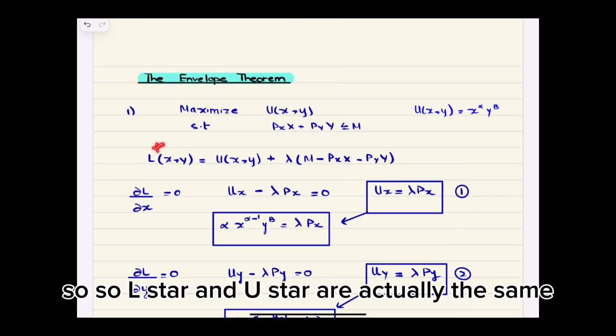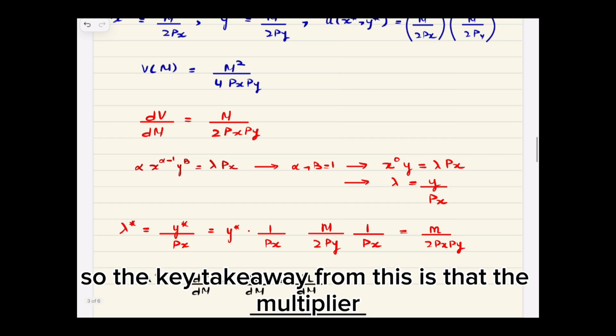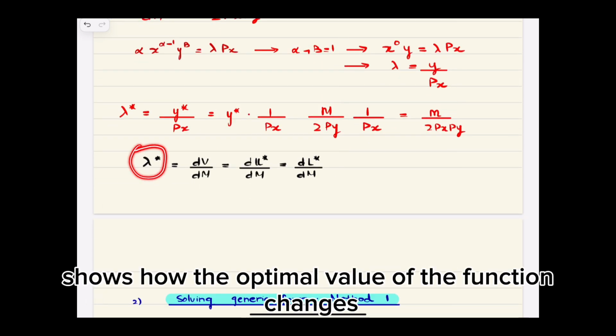So L star and U star are actually the same. The key takeaway is that the multiplier shows how the optimal value of the function changes when you relax the constraint.